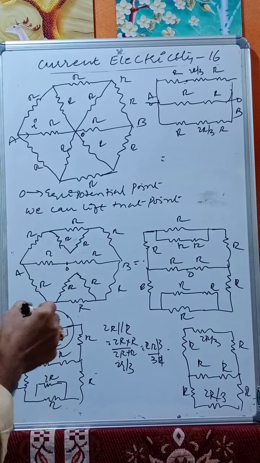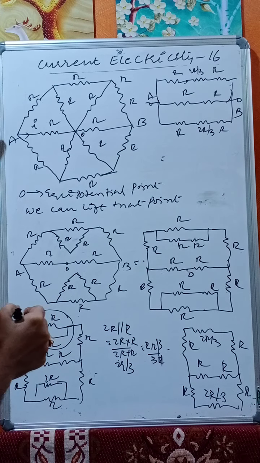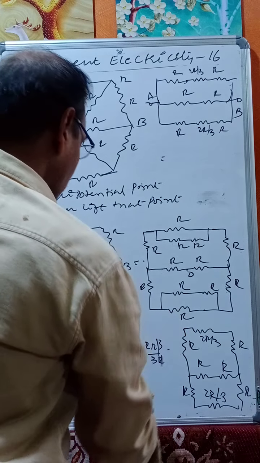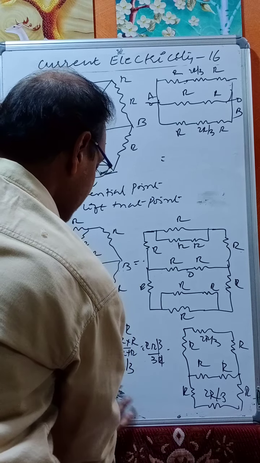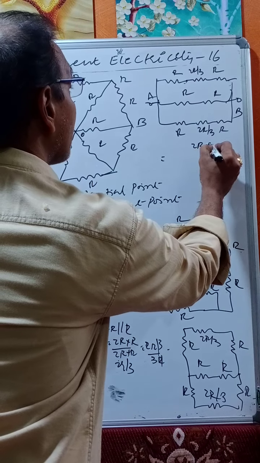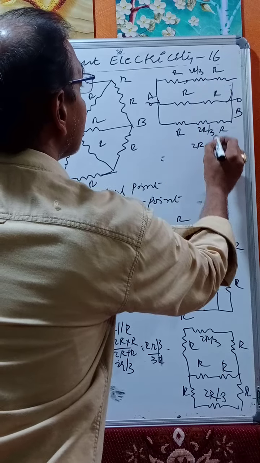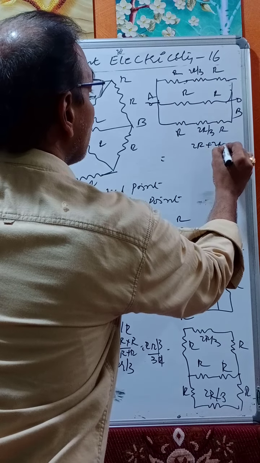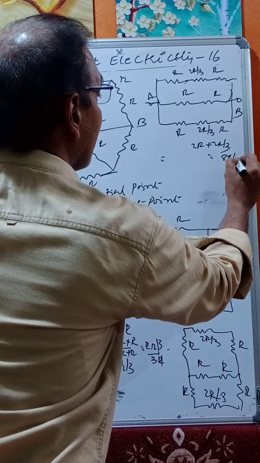So R plus R is 2R, in series with 2R by 3. 2R plus 2R by 3 is 8R by 3.